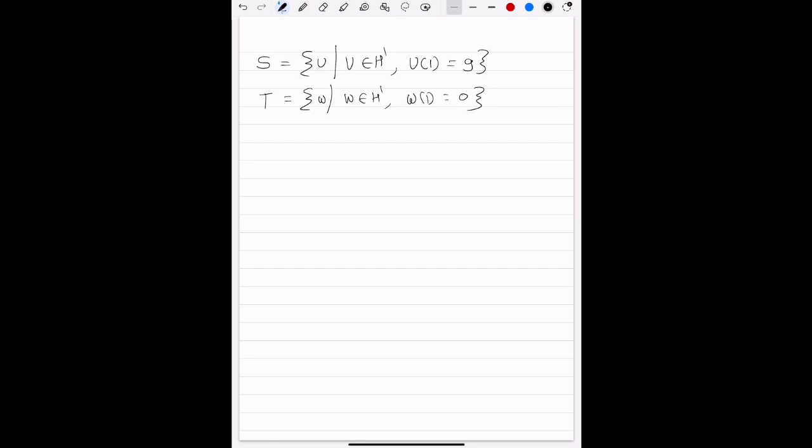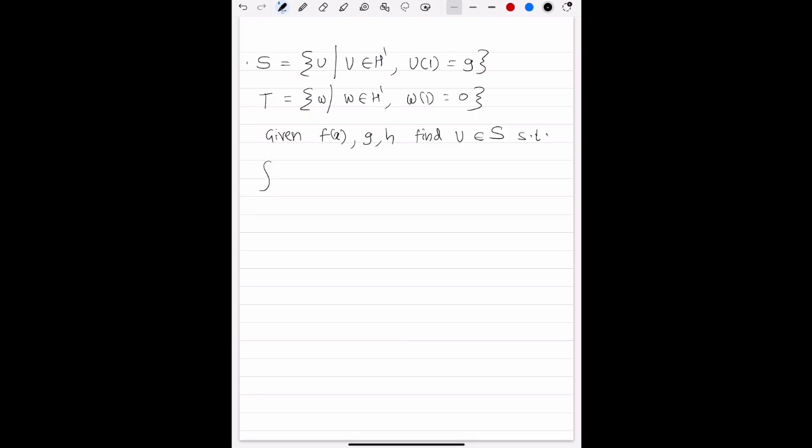Now we can formally state the weak form of the boundary value problem as, given a function f of x and given some constants g and h, find a function u which belongs to the solution function space S that we have just defined over here, such that the following equation holds true.